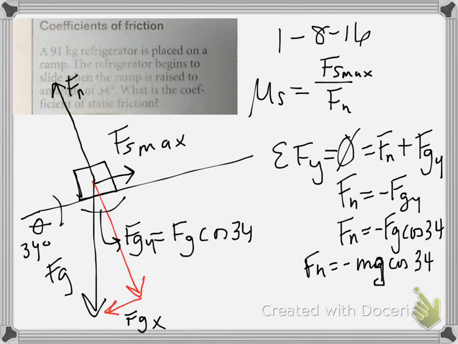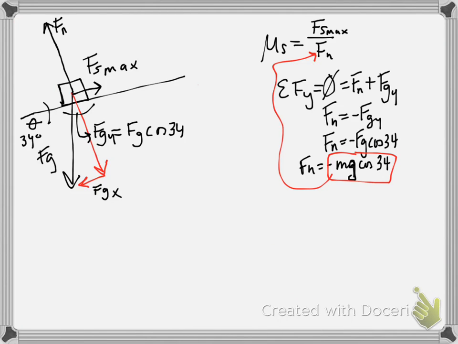Okay, so we now have this, which we can plug in right there. That's convenient. So now we have to work on some way to get an expression for force of static friction max.